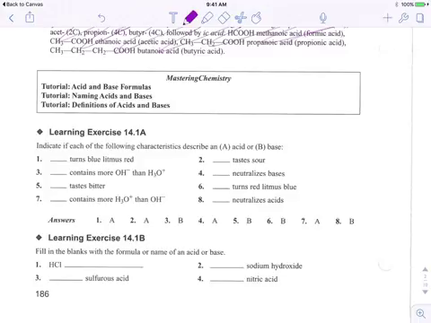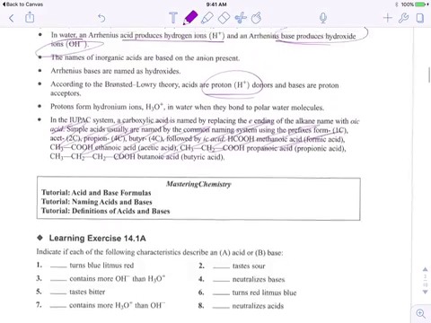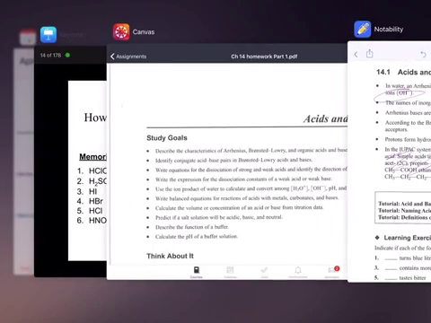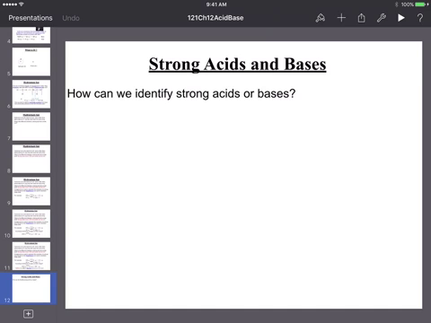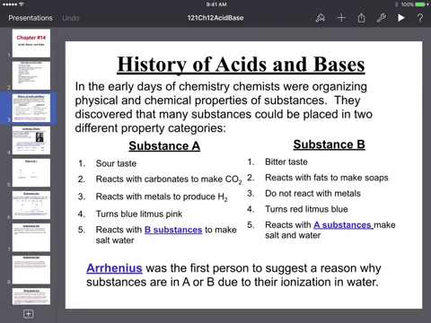Here we go. 14.1a. Indicate if each of the following describes an acid or a base. Now, if it turns blue litmus red, well, a really easy way to check that out is we go back to our slides. Here we go.